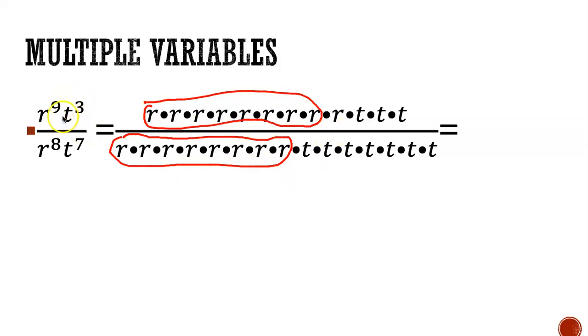We're going to have 3 t's divide out with 3 of these t's. So that divided by that equals 1. That divided by that equals 1. And so we are left with r over t to the fourth.